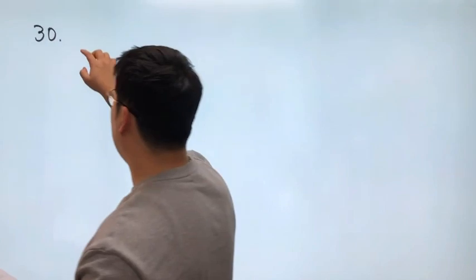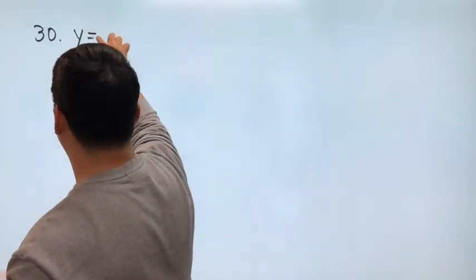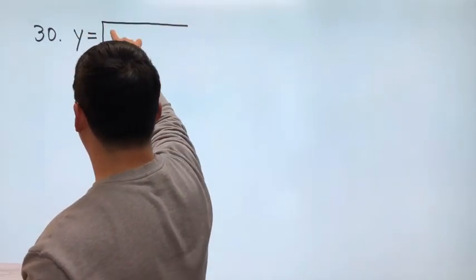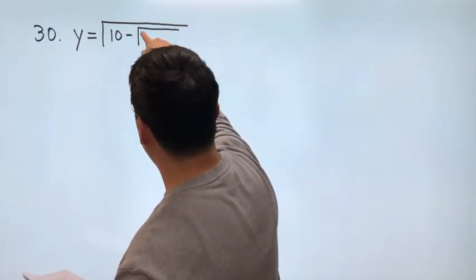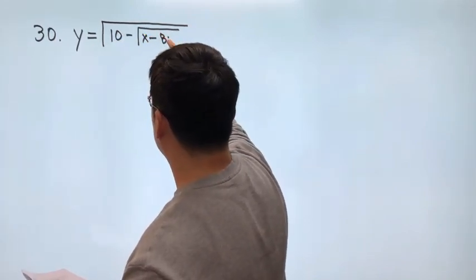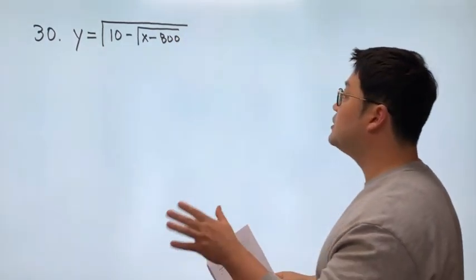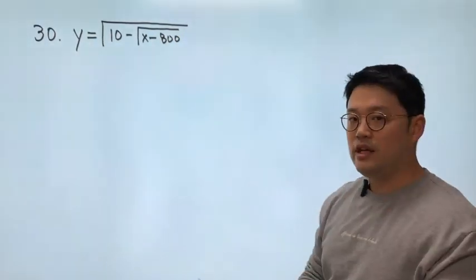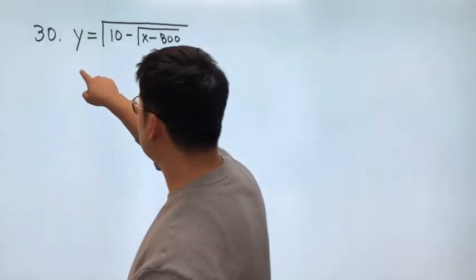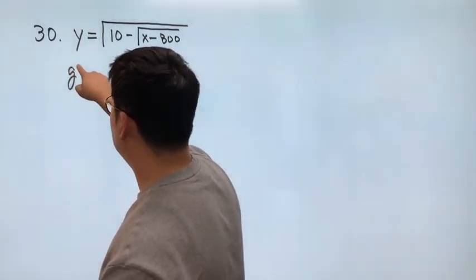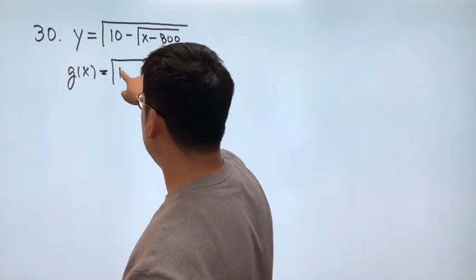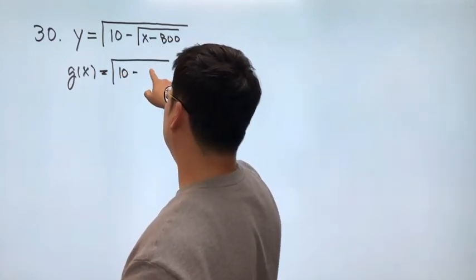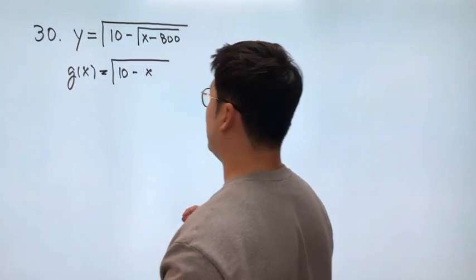So here we go. We got y equals the square root of 10 minus the square root of x minus 800, okay? So first off, we just have an interesting function. Let me say the outer function is g of x equals the square root of 10 minus x.